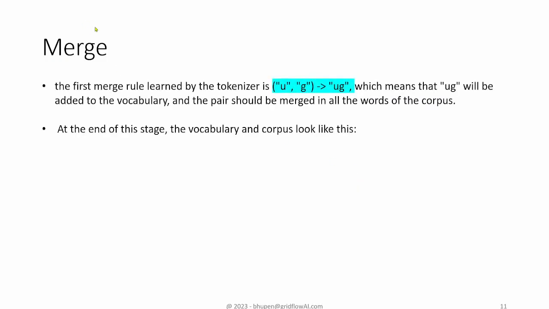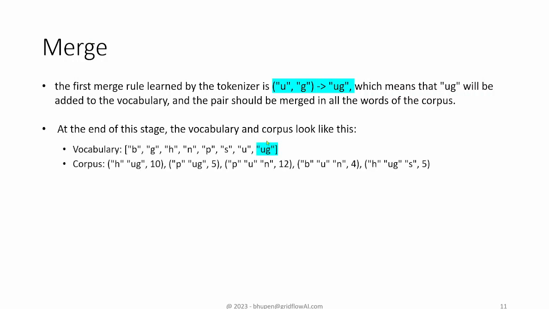So we are going to merge. This is our first merge. We found the most common pair of alphabets, so we add this most common pair to our initial vocabulary set. We also transform the corpus to combine U and G into one token called UG here.